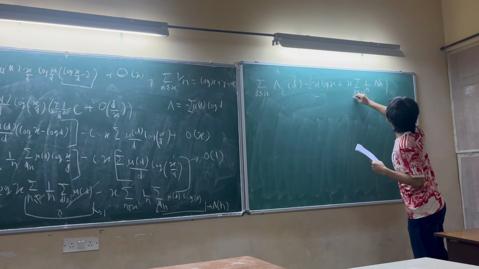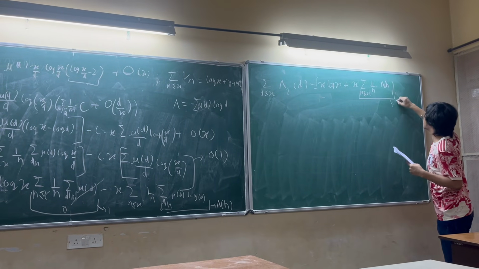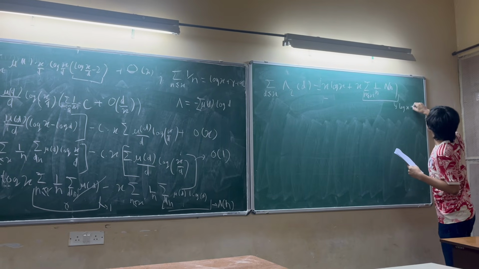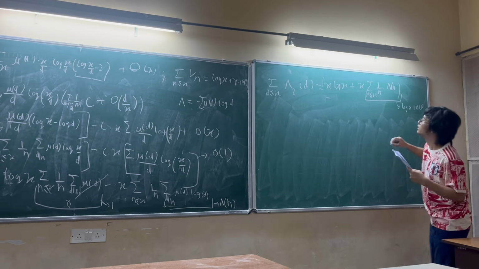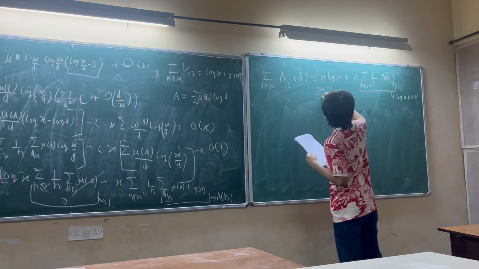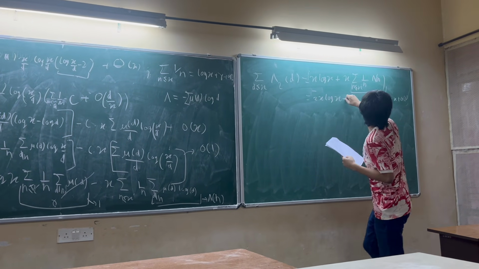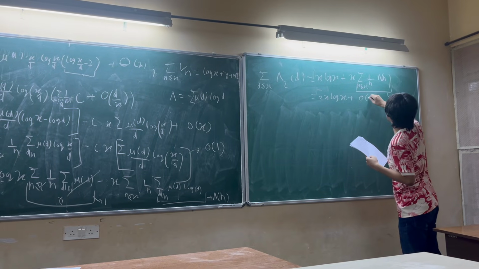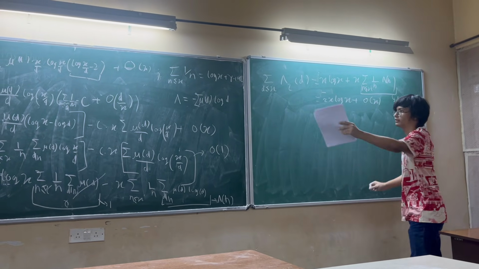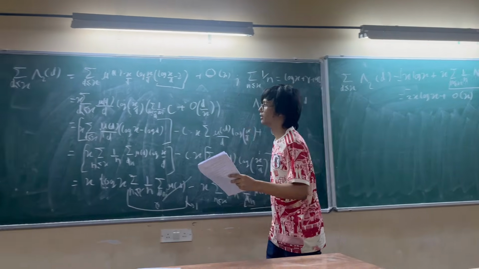Now by Burton's theorem, if we remember that this thing was log x plus something of the order of 1, that means this whole thing will be 2x log x plus something of the order of x. And we're done with the proof of Selberg's formula.